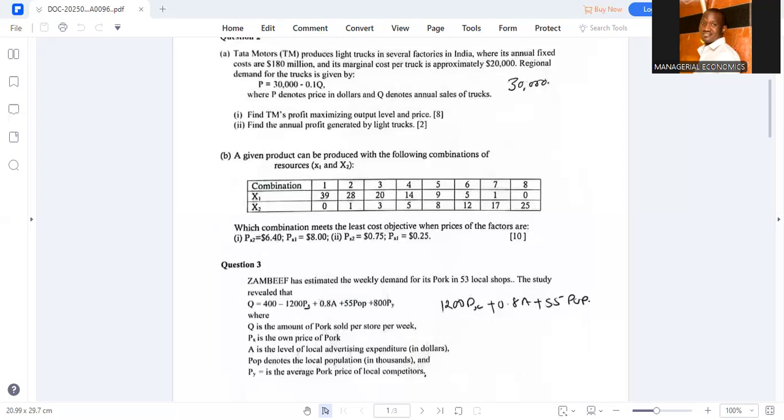So from the definitions, who remembers what we said? What's the least cost combination? What did we define that?